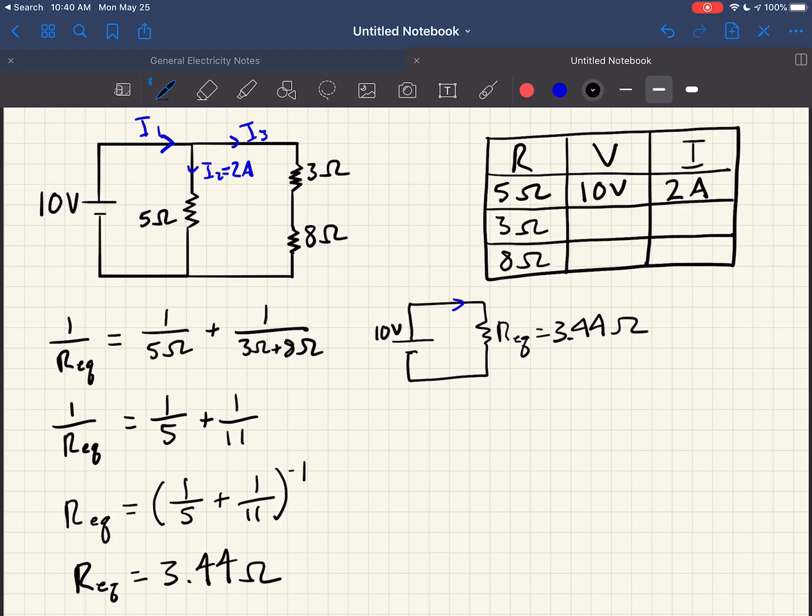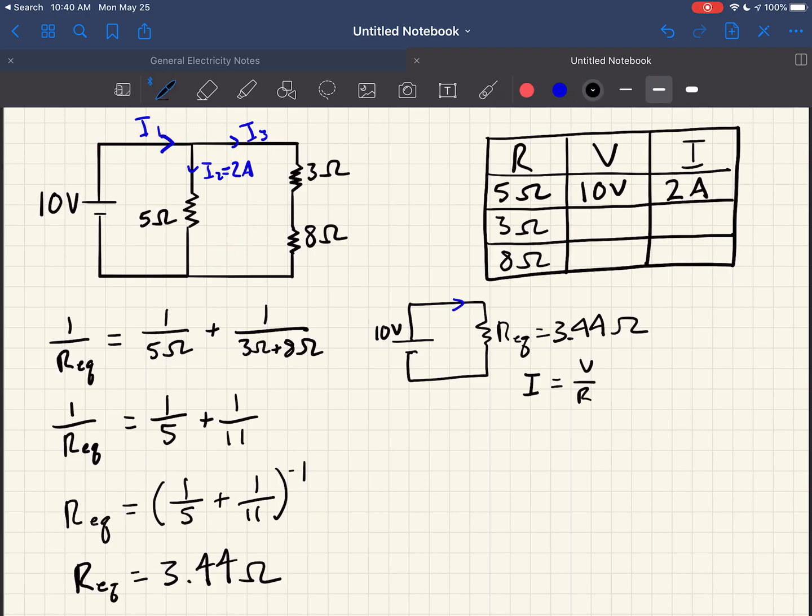So in order to do that, again, I just do I equals V over R, but now I'm modeling all of the resistors, and the voltage drop across all of them is 10 volts, right? It doesn't matter if I go this way, or I go that way, or I think of them all as one. It's a 10 volt drop.